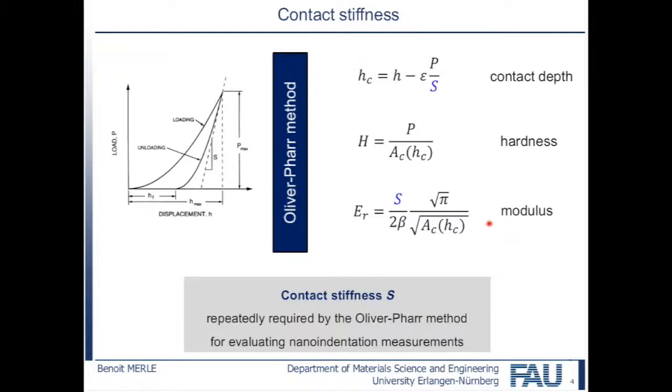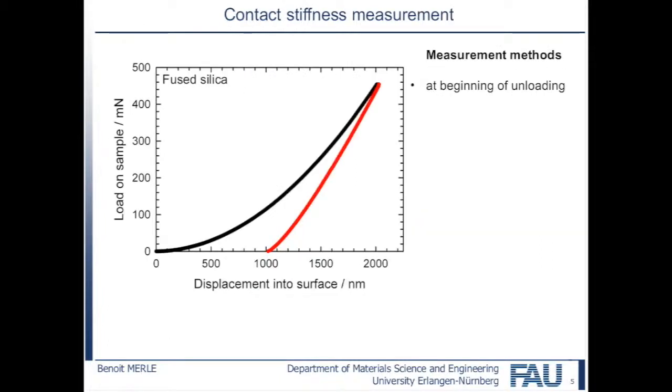So how to measure the contact stiffness? Well, you can measure it at the beginning of an unloading. That is to say, at the point here of maximal displacement into surface. This you can do by sticking to the original definition of the stiffness.